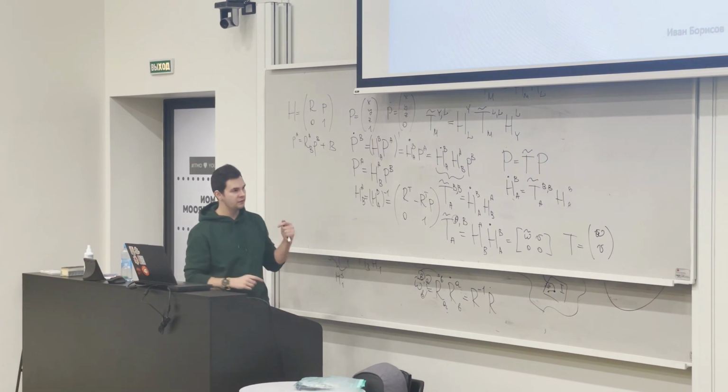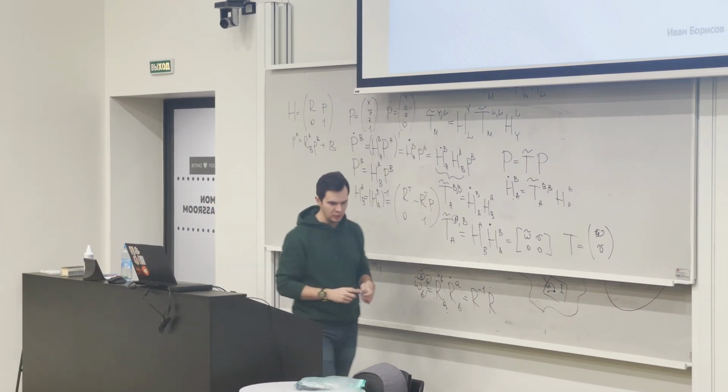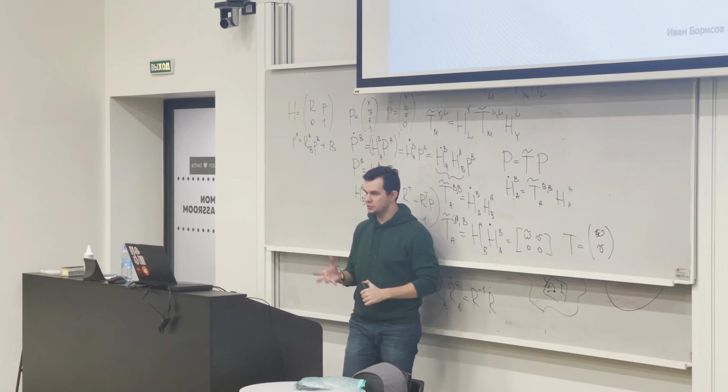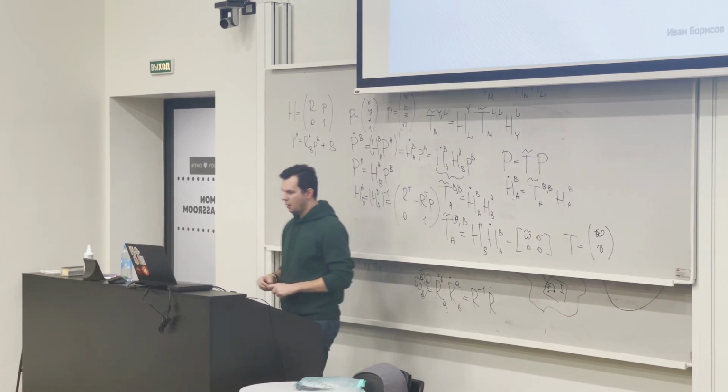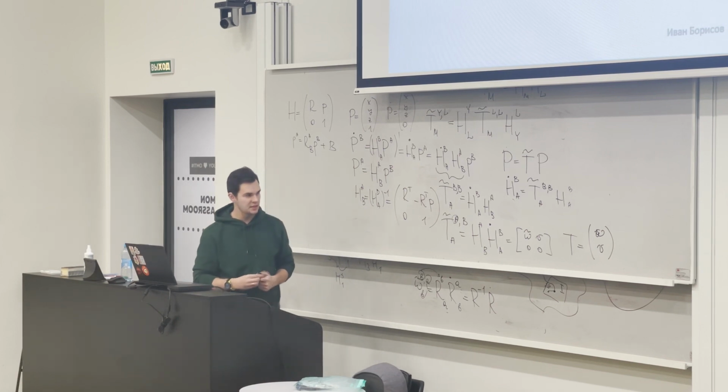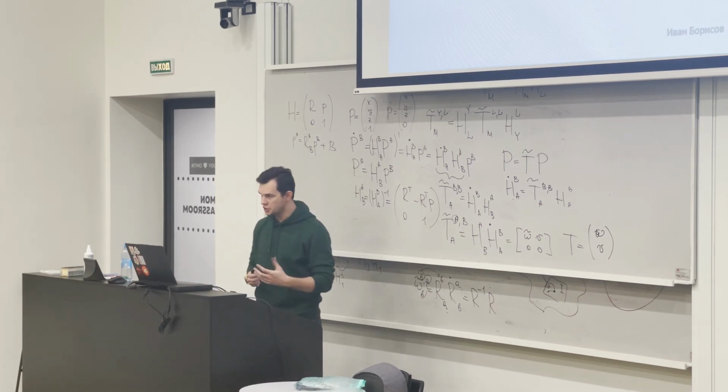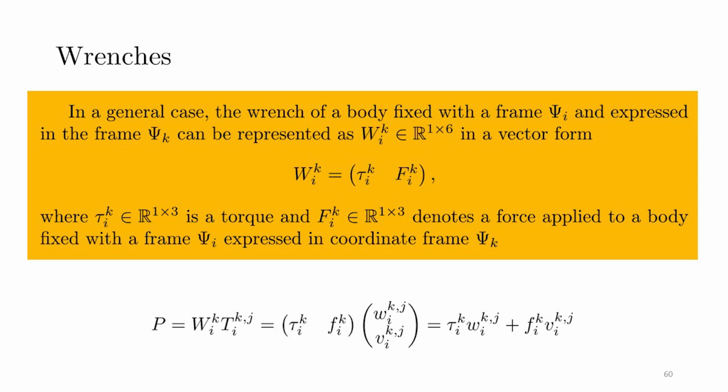Okay, so so far we only talked about velocities, right? Angular velocity and general velocity. But there is also something called a wrench, and the wrench is the same trick but for forces and torques.